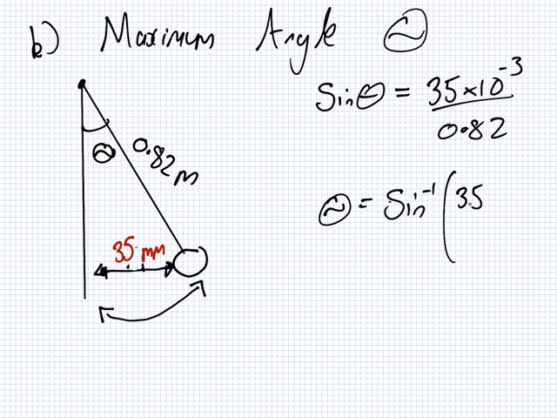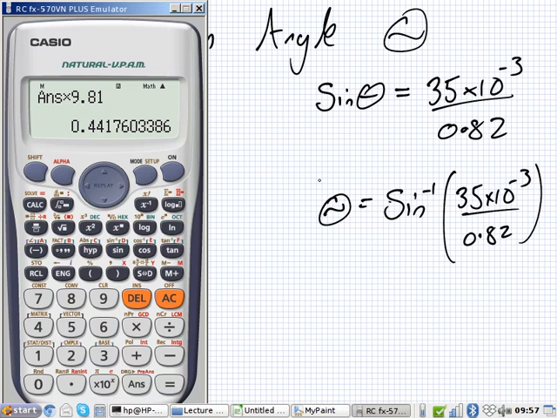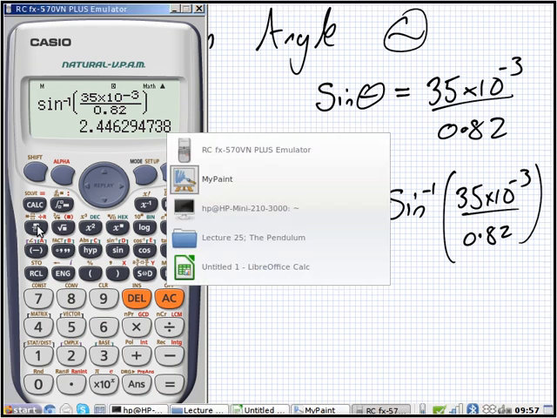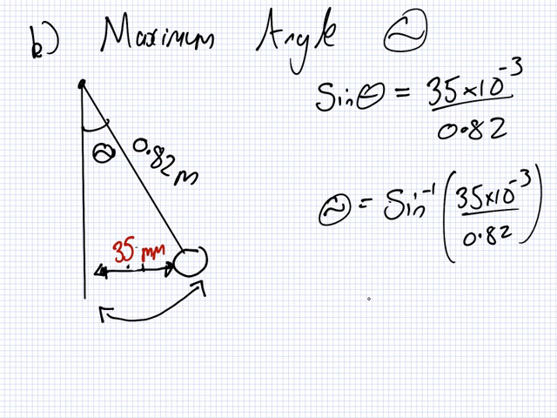So the answer is sine inverse of that over that. It should be small, like 2 degrees. Yeah, 2.44, 2.45. Okay, tiny. 2.45 degrees.